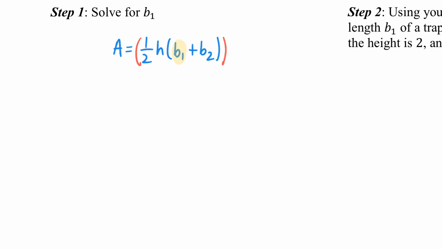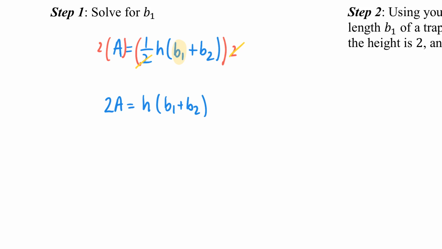In order to get rid of the 1/2, we're going to multiply by 2 on both sides, because when you multiply by 2 and divide by 2, those cancel each other out. So you get 1 basically. So 2 divided by 2, those will get rid of each other. So you're left with 2A on the left is equal to H times (B1 plus B2).